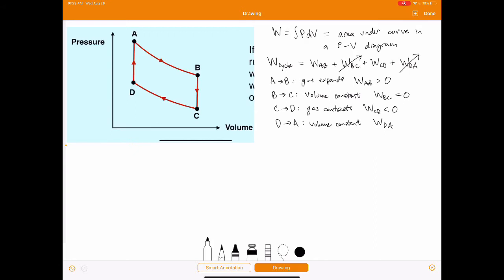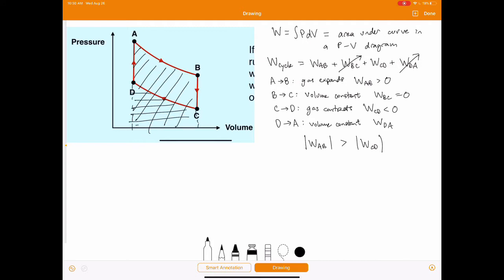So we have one positive term and one negative term, but we can compare them in terms of absolute value. Okay, so ask yourself, just in terms of absolute value, which one of these works is bigger? Is it W_AB or W_CD? And you can just look at the diagram and immediately conclude it's W_AB. There's more area under this curve that takes us from A to B than there is under this curve that takes us from C to D, which I'll show right here.